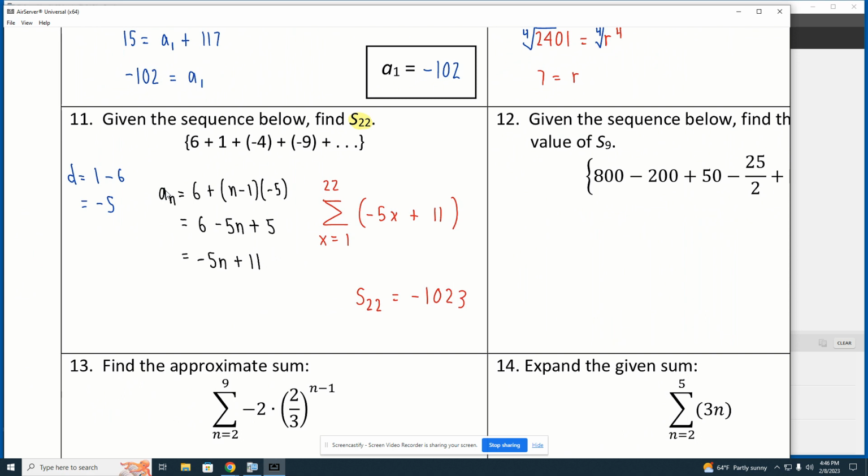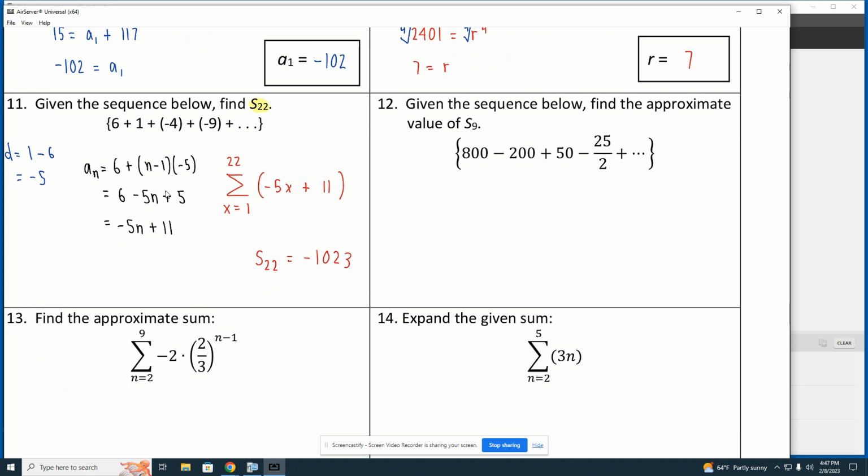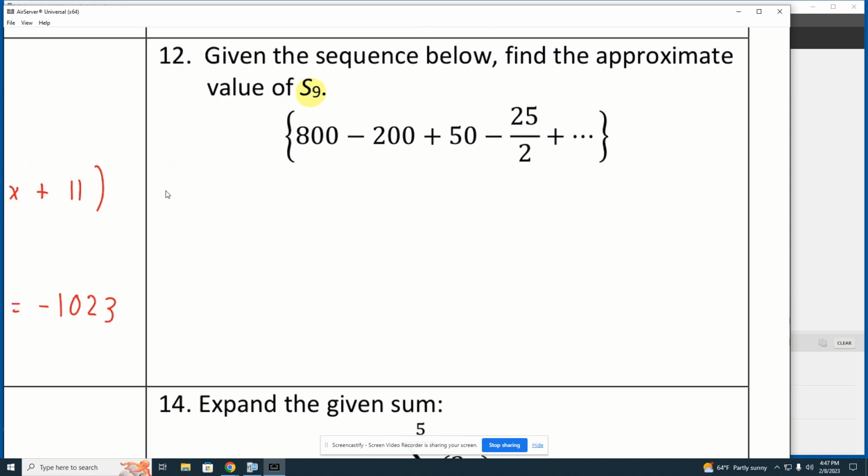Okay? Moving on to number 12. Again, I have to find s sub 9. So once again, just like that last problem, I know for sure I need to do summation, and I need to do it from the first term to the 9th term for whatever the sequence is. So that's my next job.